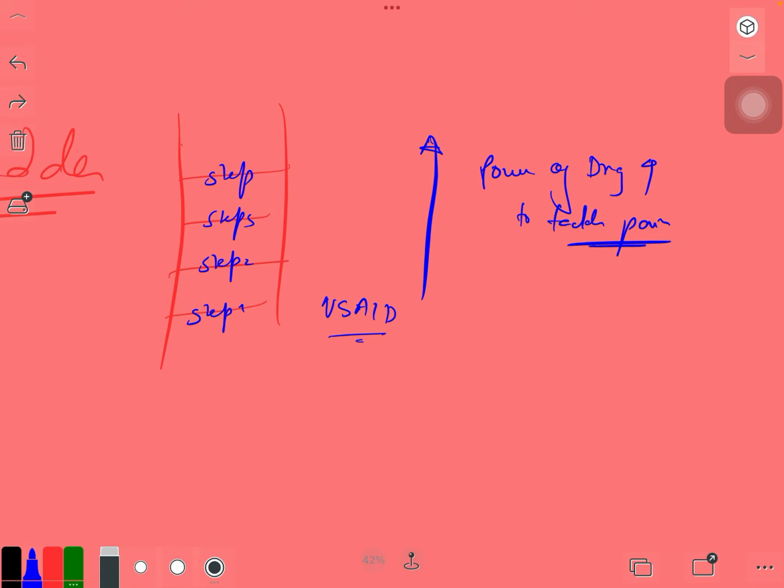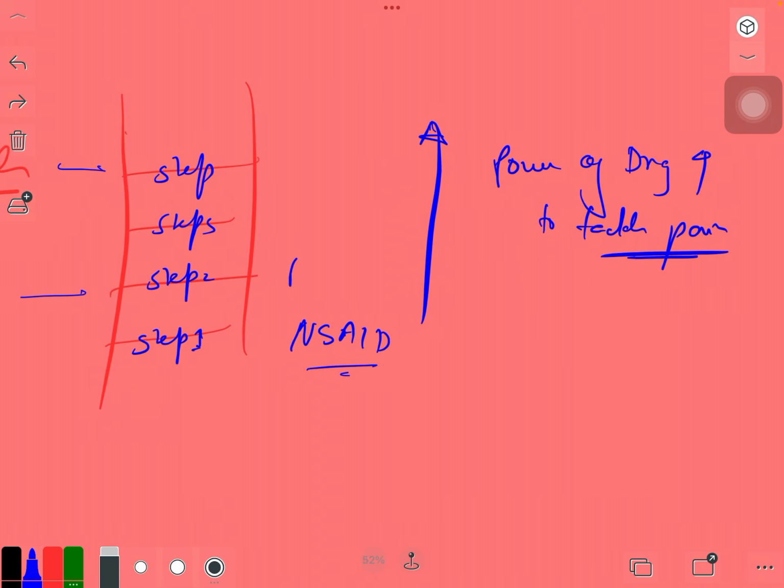So depending upon the person's pain intensity, whether it is so much or so less, we can use any of it, right? It's not necessary that you start only from step 1. You can also directly jump into step 2, or step 4, but this is the sequence of pain management. So we start with NSAID, then we go with the weak opioid, then some other non-medical stuff: radiotherapy, exercises, yoga, whatever.